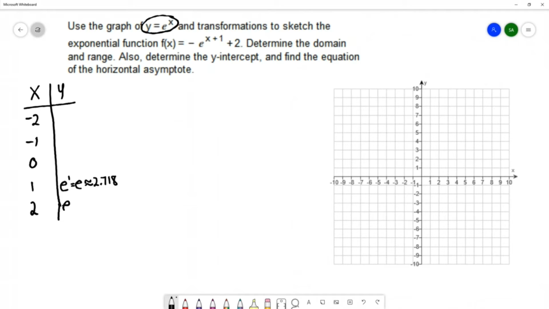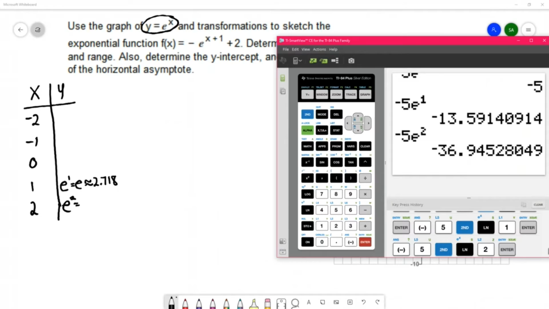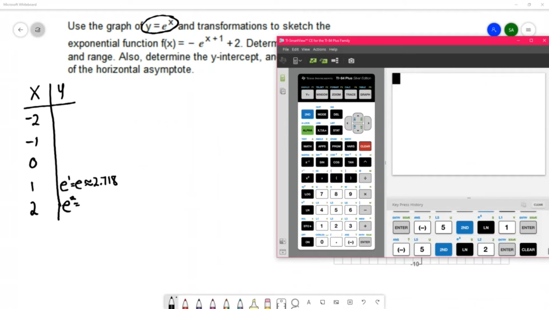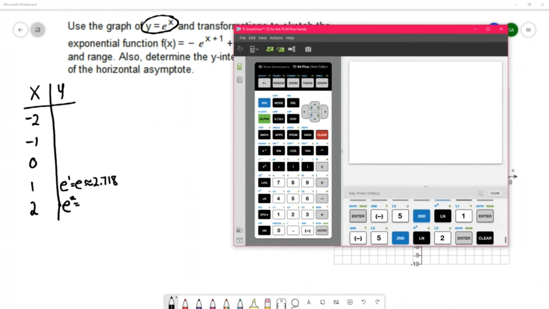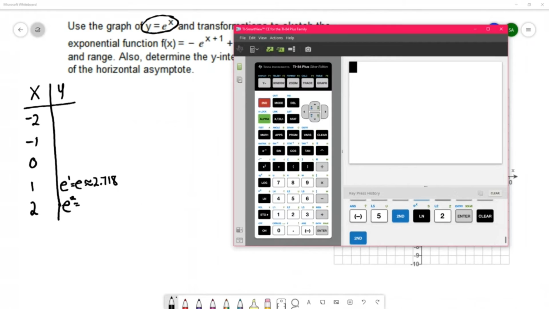Then we have e squared, and let's get a calculator out so that we can get some good approximations. We want to know what e squared is, and e squared is approximately 7.389.